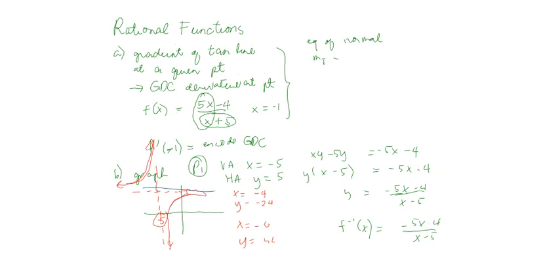That's the value of our x for the first derivative. Then we just encode the function, 5x minus 4 over x plus 5. This gives me 29 over 16. Therefore, the m of the normal shall be equal to negative 16 over 29.